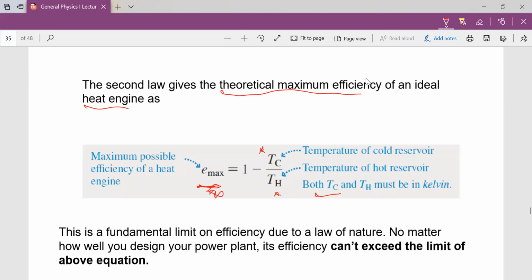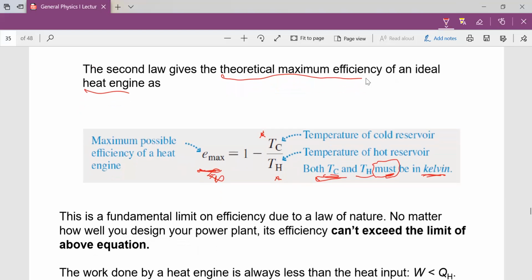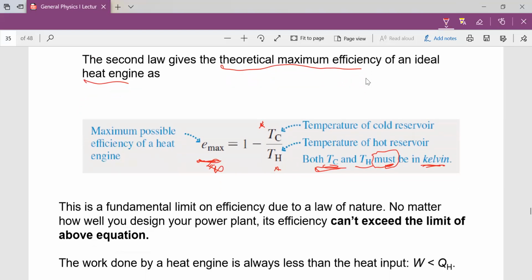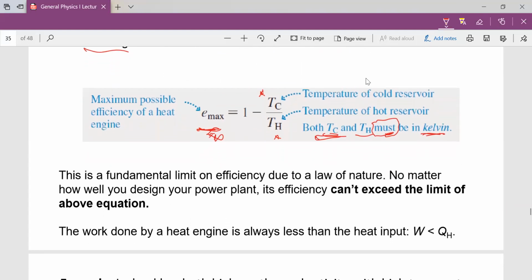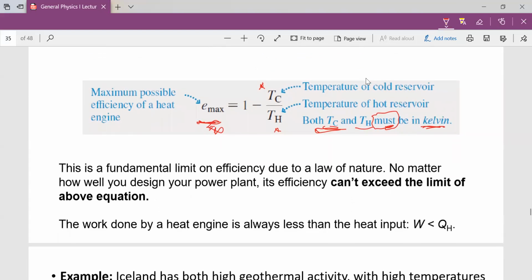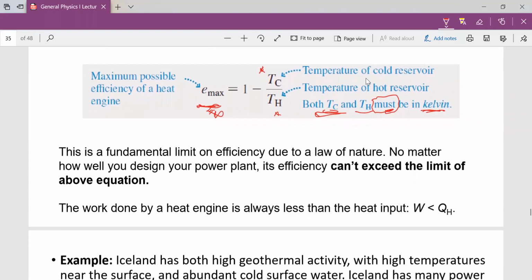And remember this measure of temperature must, note the word must, be in Kelvin. In our last class, we saw temperature scales that give us Fahrenheit and degrees Celsius, and how we can convert them to Kelvin. So if they give you any question in Fahrenheit or degrees Celsius, you have to take it to Kelvin first, then apply it to solving the problem.